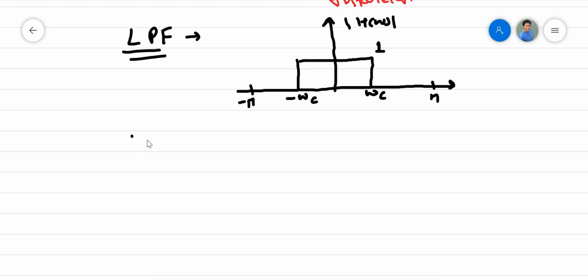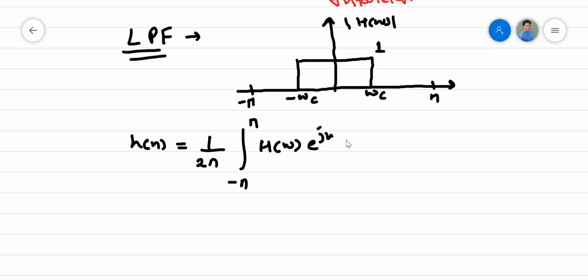We want to find out the value of h(n). So we know h(n) is 1 by 2 pi, integral from minus pi to pi of H(omega) exponential j omega n d omega, right?